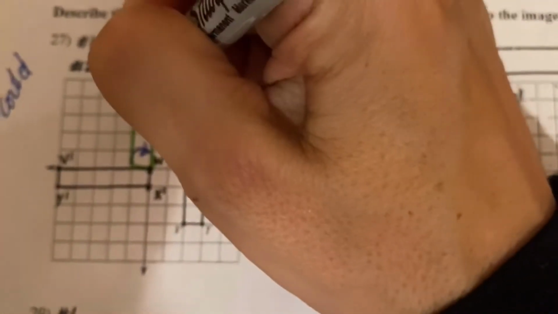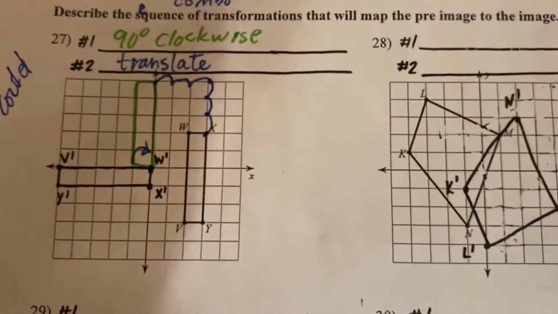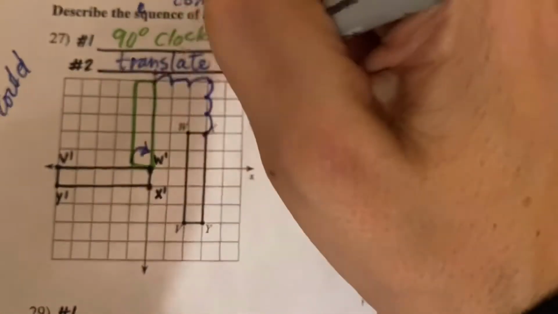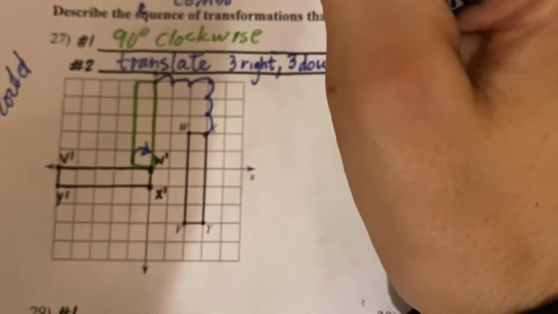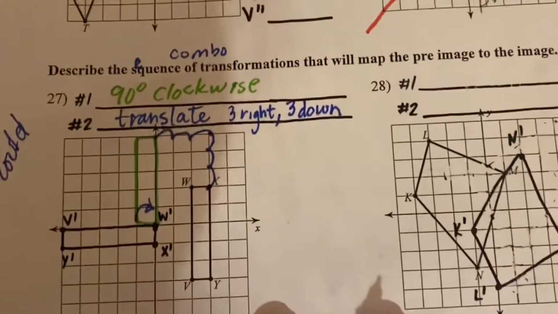And if I just translated it, 1, 2, 3, 1, 2, 3. So that's 3 to the left, or 3 to the right, and 3 down. Beautiful.